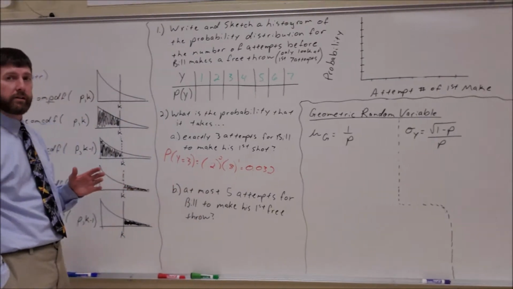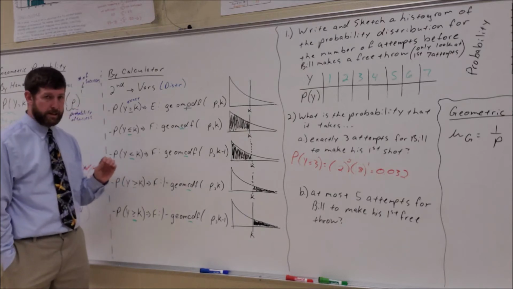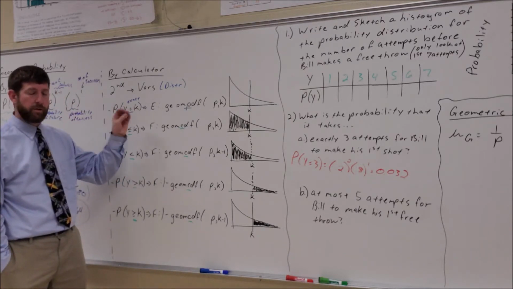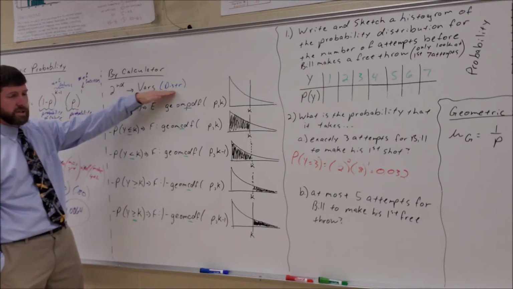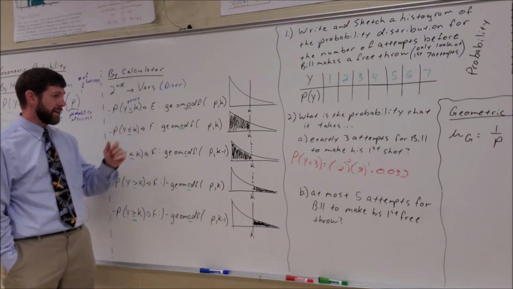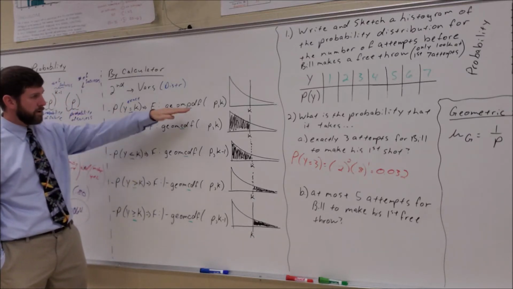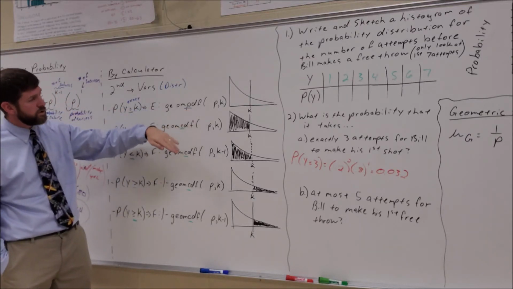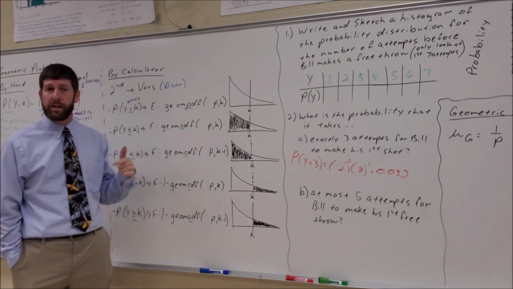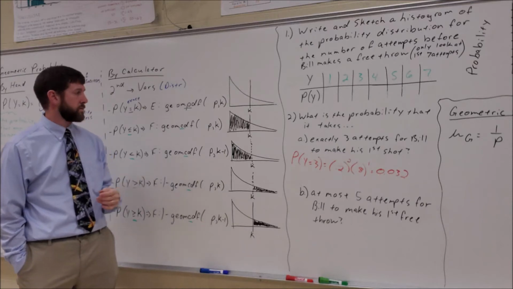Let's look at how we can do this on the calculator. If we look right here, we're doing the exact same thing as we did in binomials. We're in the distribution menu, so second vars. If I want an exact number, an exact position, exactly the third spot, I'm going to use my PDF. The difference is I don't have to do n because we don't know the number of trials. That's what we're solving for, the number of trials until success.